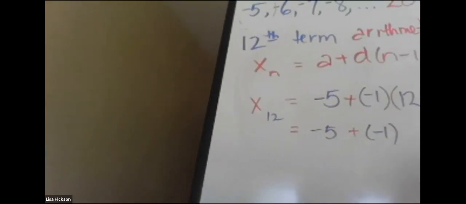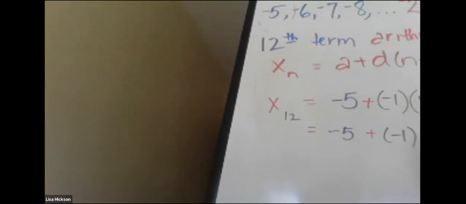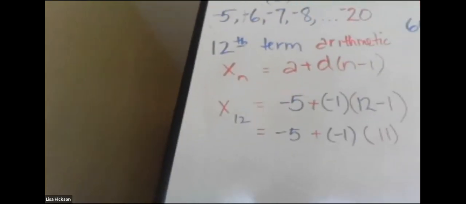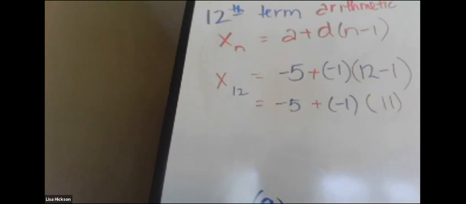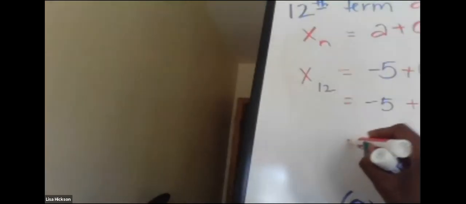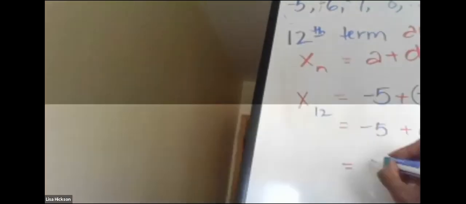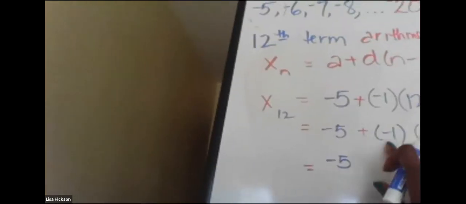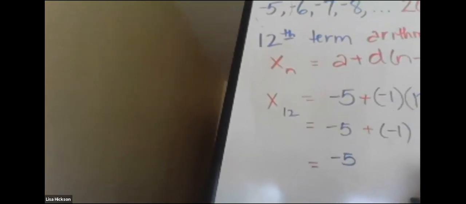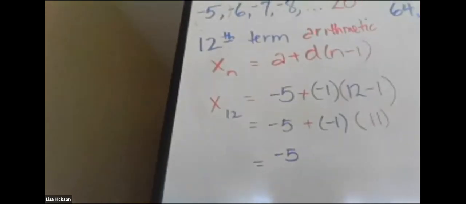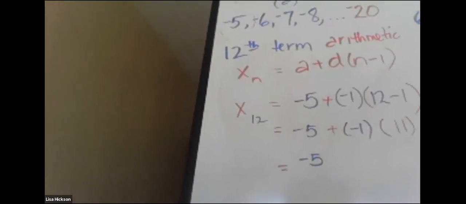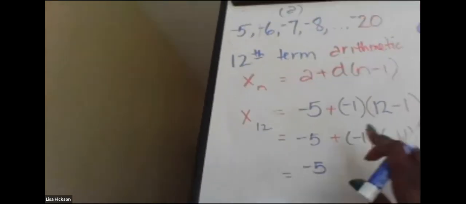12 minus 1 gave us 11. We still can't use -5 yet, but -1 times 11 is, what's a negative times a positive?